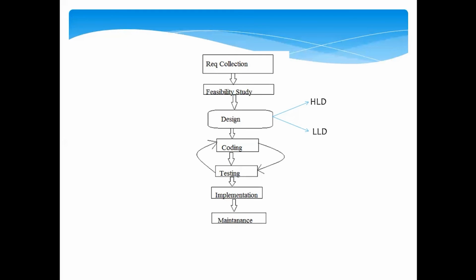There might be a chance the business analyst may misunderstand the requirement. If he conveys that misunderstood requirement to the team, the whole development life cycle will get impacted here, because we are coming from the starting onwards: design, coding, testing. If something is not matching with the requirement, we need to do it one more time from the initial stage onwards. The planning will be affected here, the design will be affected here, and the coding will be affected here.